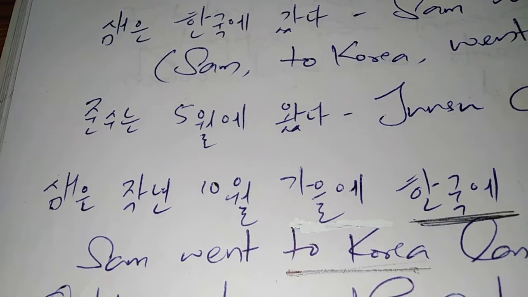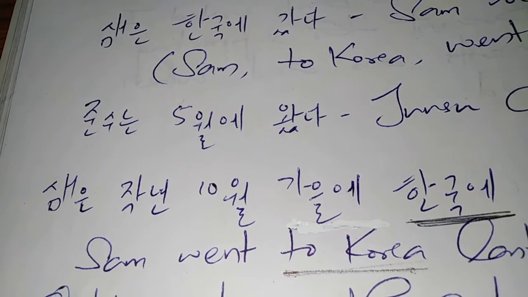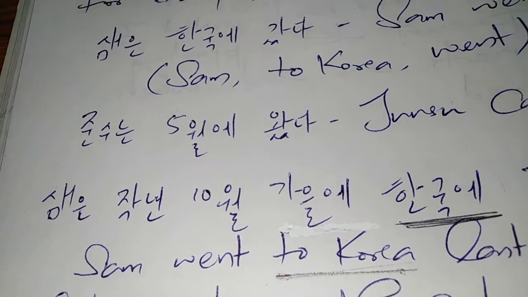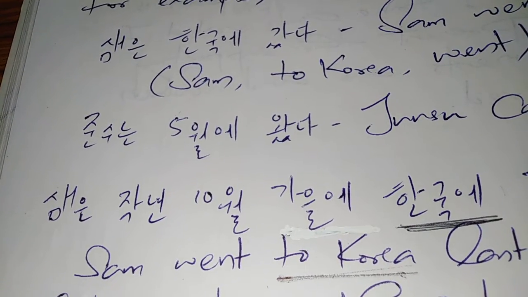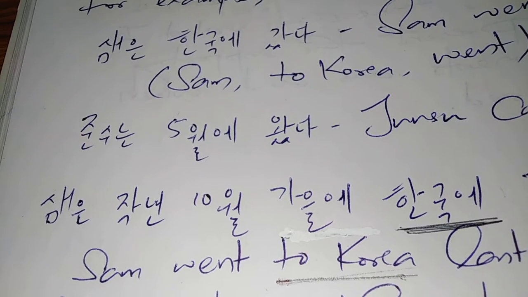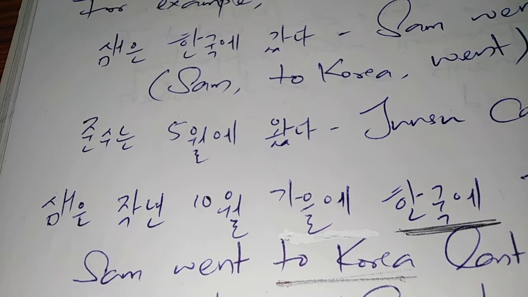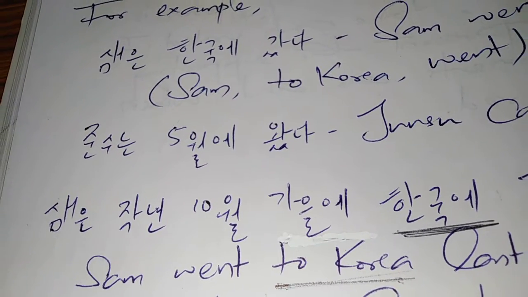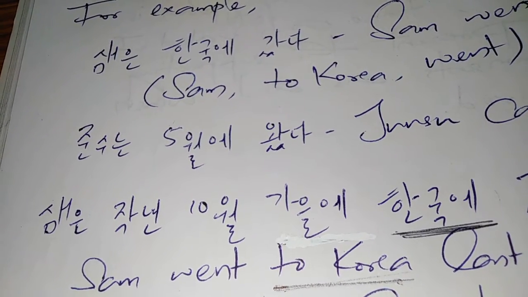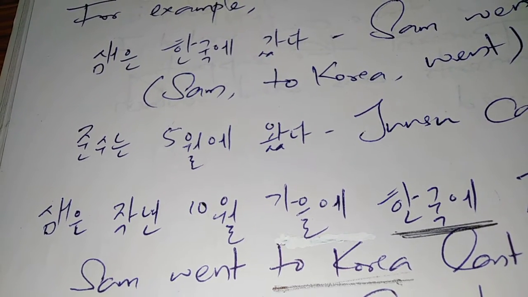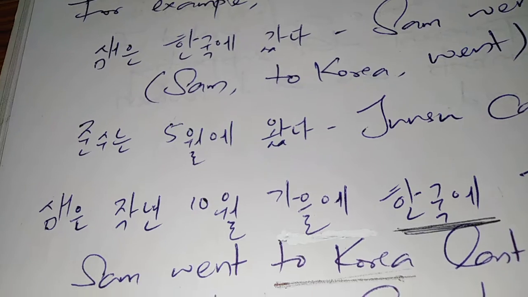So 이 means once again 2. 십 means 10. So you have 이 plus 십, 20. Then last, once again you have 이. That is once again 2. And then you have 년 there. So that's how 2022년 comes. So don't worry if you don't understand this. I'll be talking about this in detail when we come to the numbers chapter, as I told earlier.